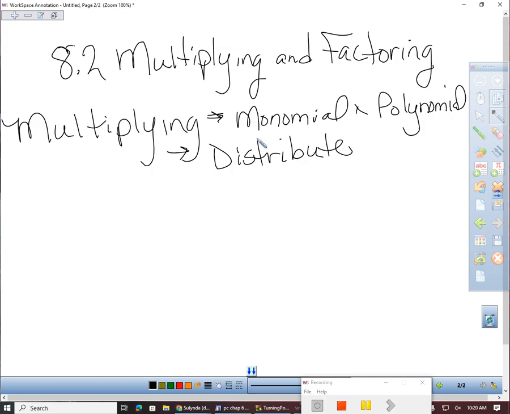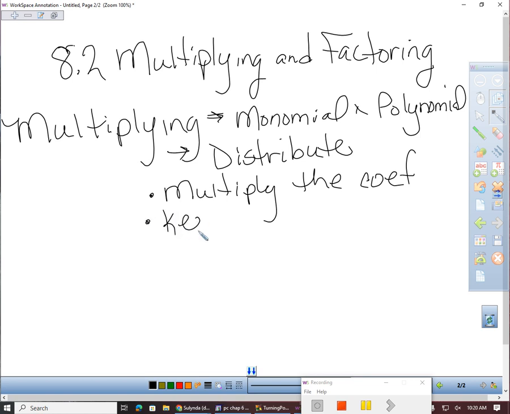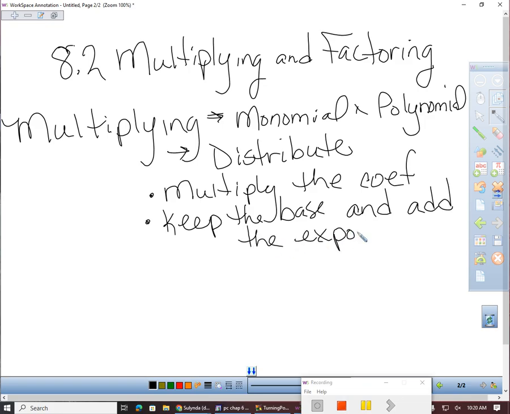When we distribute today, again, I want to remind you, we're going to multiply our coefficients, then we're going to keep the base and add the exponent. All right, so this is how it's going to look today.